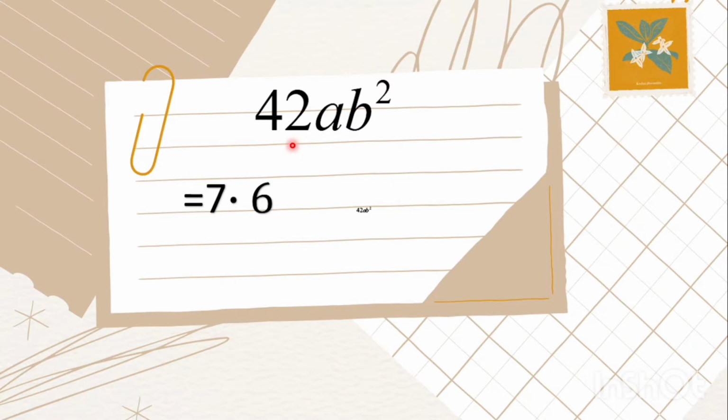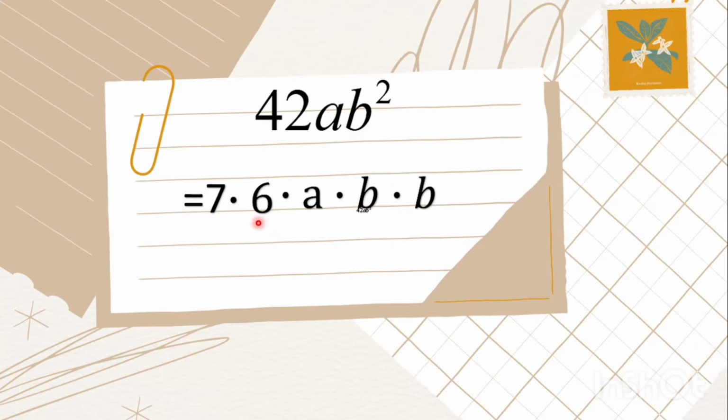And for our variables, we will just write it as 7 times 6. So this point here shows multiplication. So instead of using cross to represent times, we will use this point here. So 7 times 6 times A times B times B. We will write 2 B's here because the given exponent here is 2.